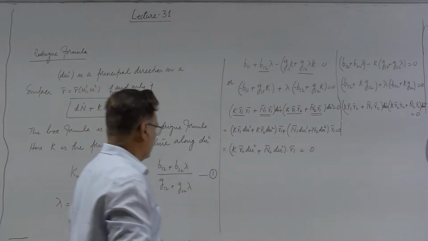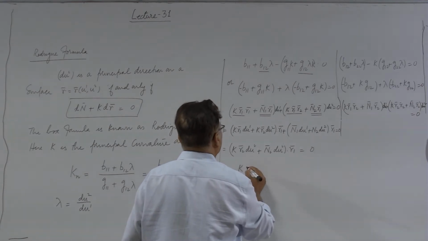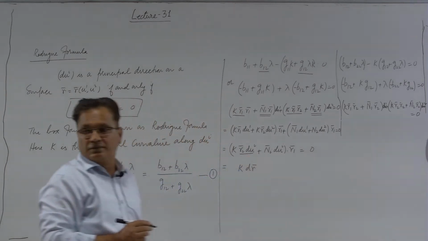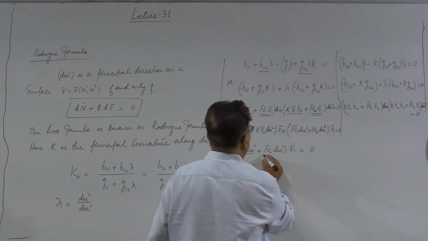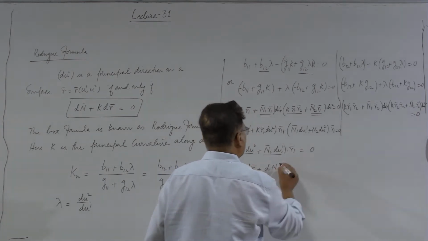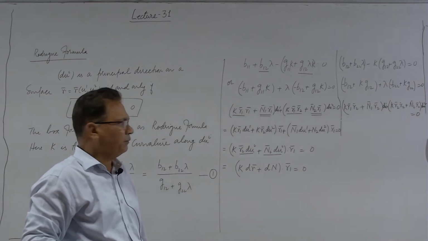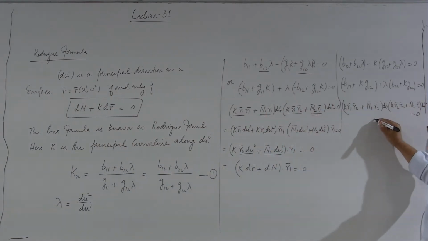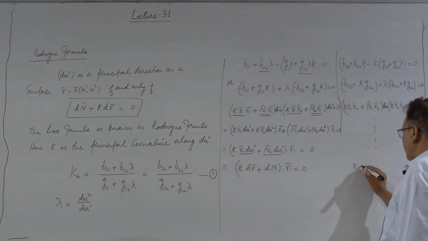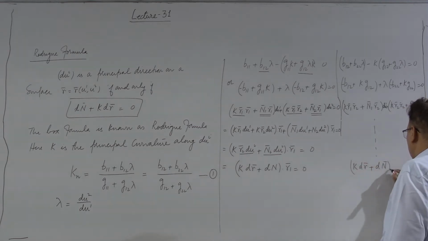Or I can also write k times dr, this fellow can be written as dr, and this quantity can be written as dn, dot r1 equal to 0. Similar calculations are being done here also simultaneously, and this will lead you to k dr plus dn dot r2 equal to 0.